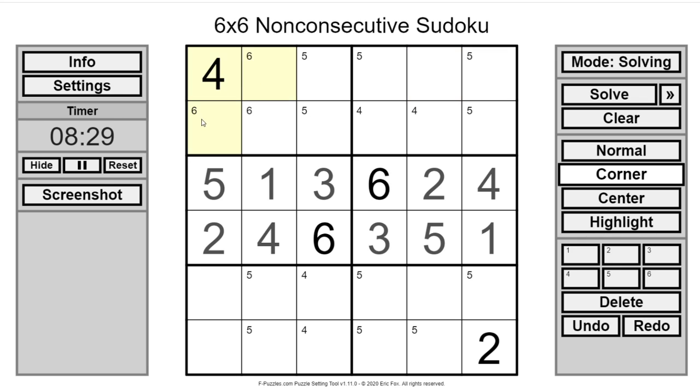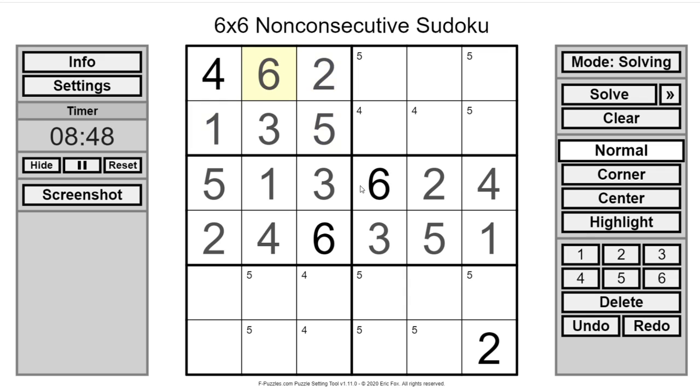This 4 plus that 3 makes that a 3. Which means that 2 must go here. Five is there now. 1 is here. 6 is there.